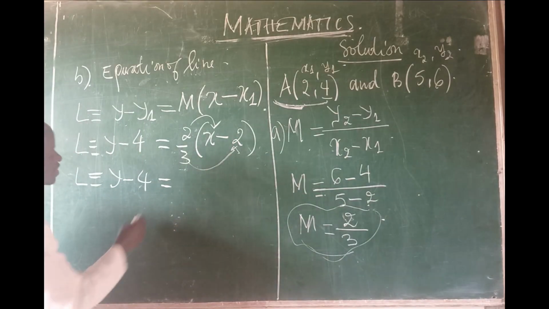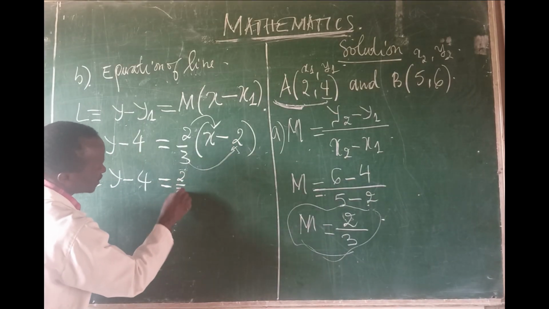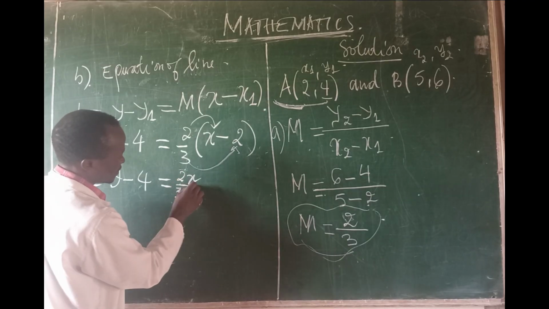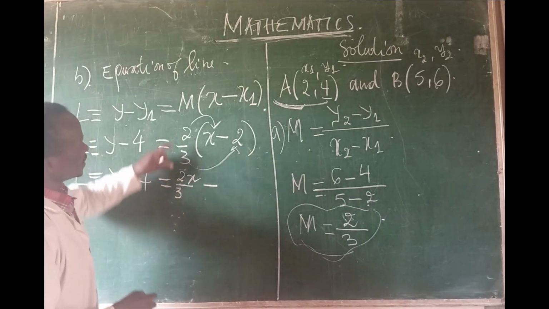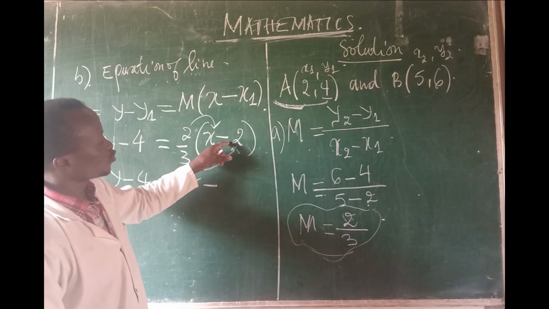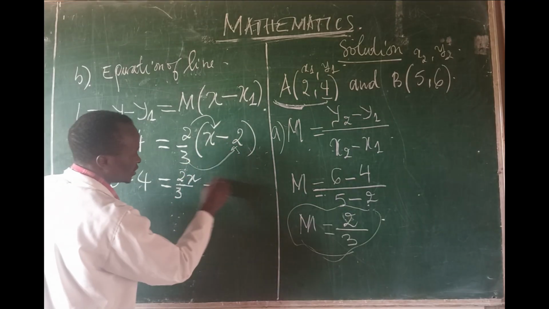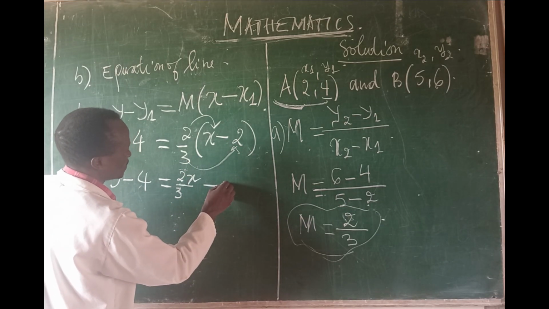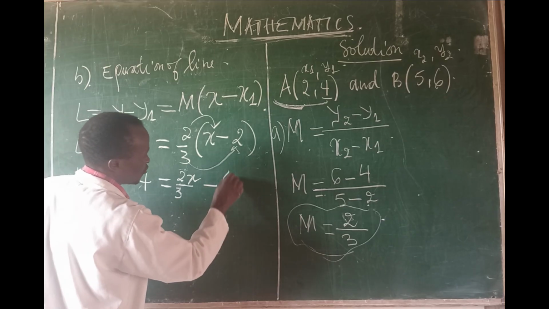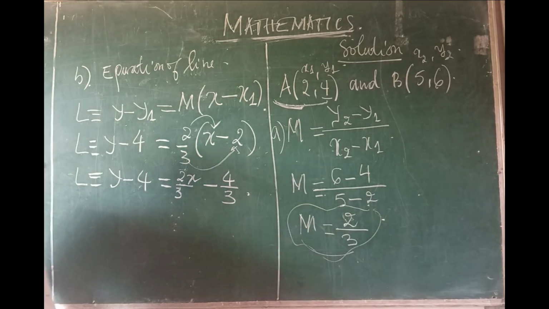Then we remain with 2 over 3x, minus 2 over 3 times this minus 2, remaining with minus 4 over 3.